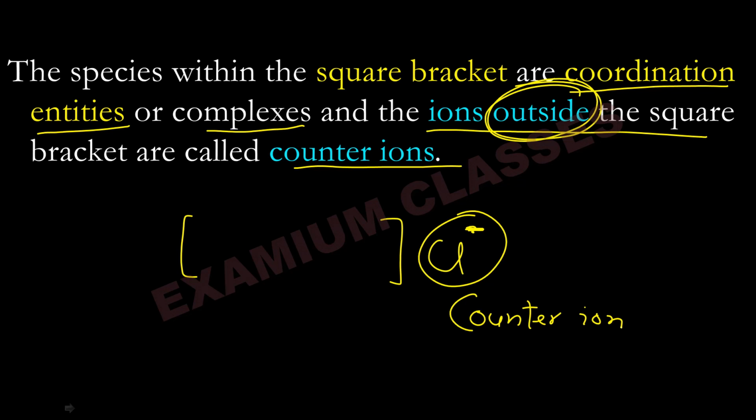Inside are the coordination entities. But if I am saying just coordination entity, it means I am talking about the whole coordination sphere. So there are different terms I will be using: coordination sphere, coordination polyhedron, and coordination entity. It is the same thing. But if I am saying coordination entities, then it means I am talking about the central metal atom as well, and all the ligands, whether those are ions or neutral atoms. Entities means all the parts of the coordination sphere. So I will be using different terms there.